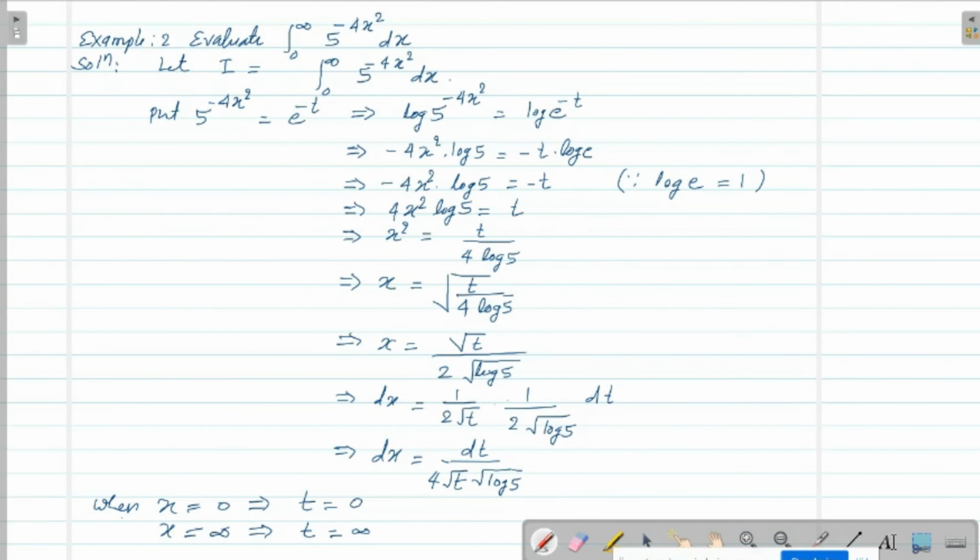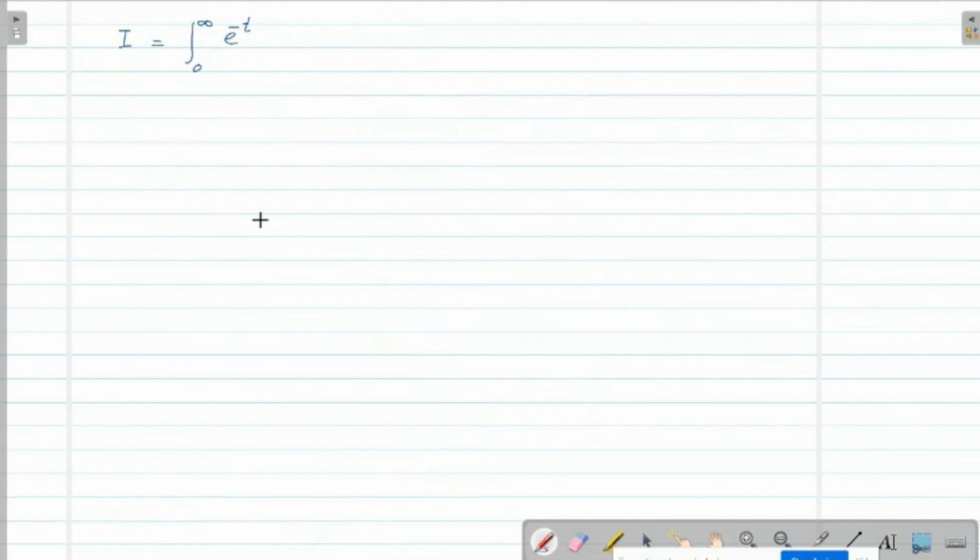Just put it here. Then instead of dx, we write this quantity, dt by 4 square root of t into square root of log 5.